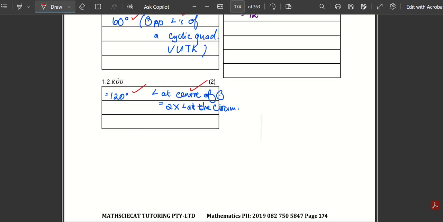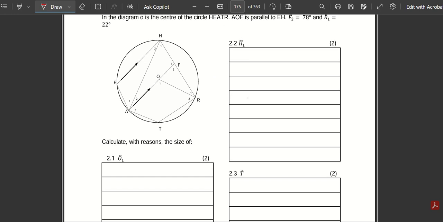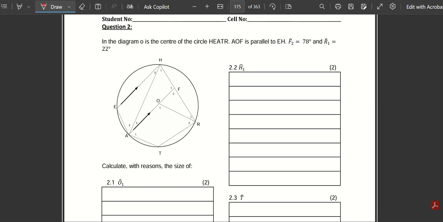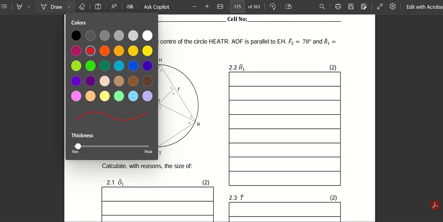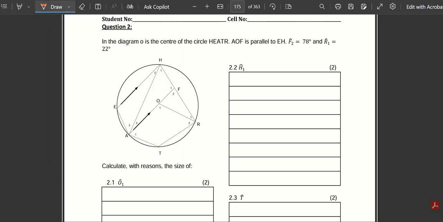Moving on now to the next question, where we have this. All right, once again, it is important in these questions to read the information and make notes for yourself. In the diagram, O is the center. Okay, so there's the center, and then that is a radius. That's also another radius. O is the center of the circle HEATR, and AOF is parallel to EH.